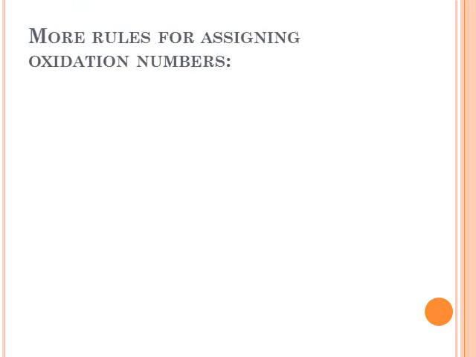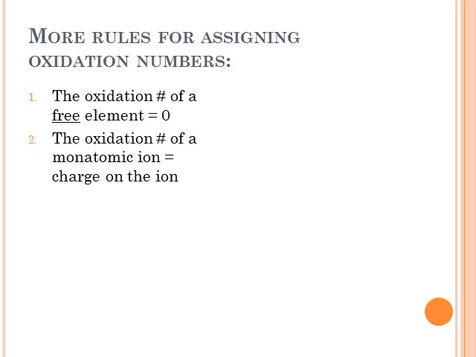All right, so a few more rules. We've looked at some trends. Rule number 1, the oxidation number of a free element is 0. So if we're looking at one particular kind of atom, we assign an oxidation value of 0 to that atom or diatomic molecule.